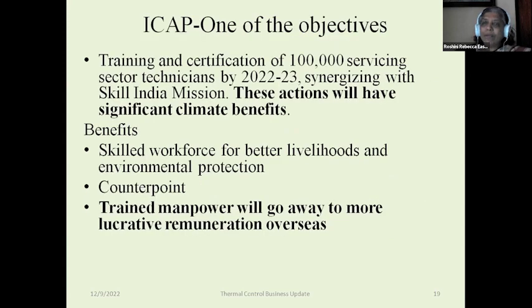Right? Now, one of the main things which I've been telling you from the beginning is about the servicing and the maintenance. So ICAP had put one of their objectives as training and certification of service technicians. And many of us will agree that it's very difficult for us to find proper technicians to come and install our air conditioners. But there's a counterpoint. If we train everybody, they will go away to the Middle East. Okay?